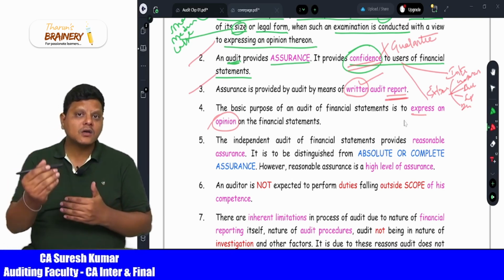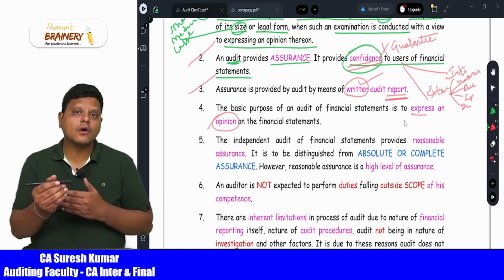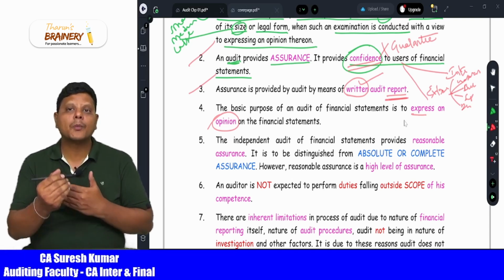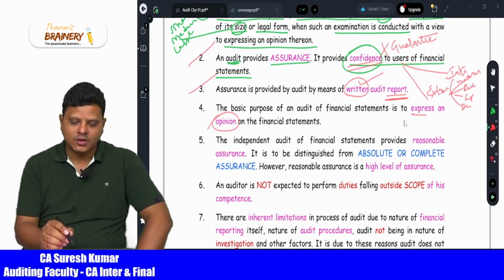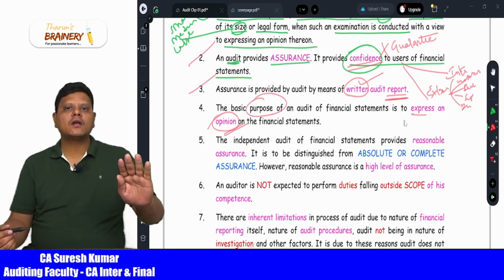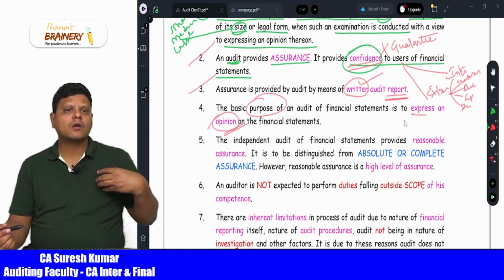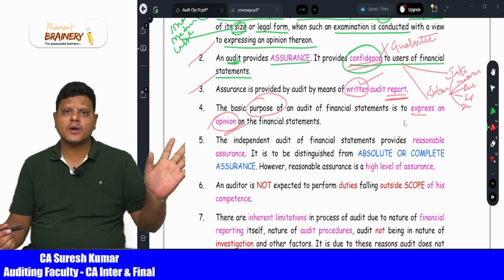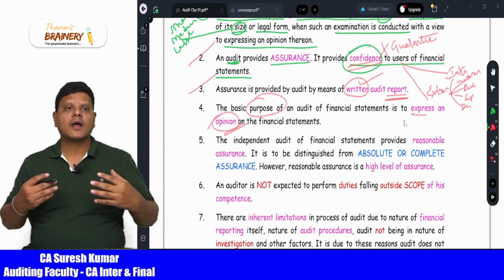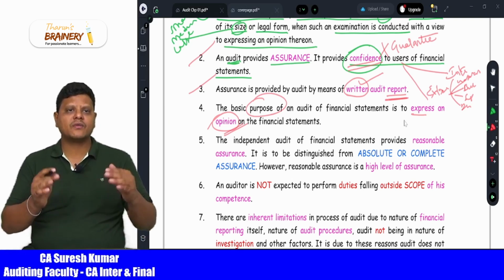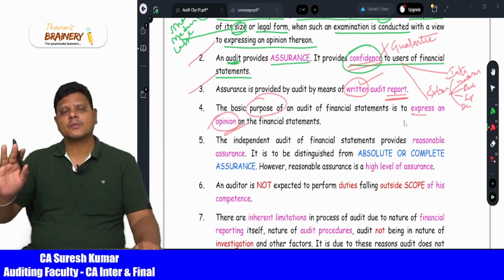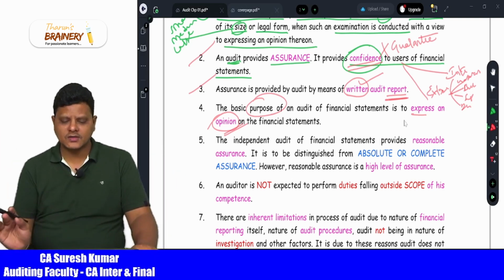So the main object, or basic purpose of audit, is to give an opinion on the financial statements. I am not doing audit to give a guarantee to anyone, nor just to satisfy somebody, nor just to tell something about the company. I am doing an audit to express an opinion on the financial statements. What kind of opinions we should give, we'll discuss separately in the SA 700 standard.